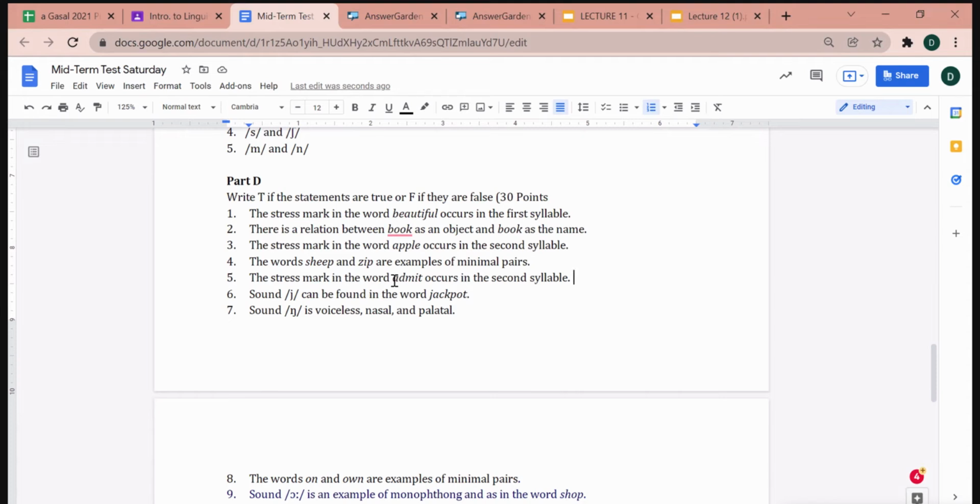It's the first one. Since most verbs, the stress marks in verbs occurs in the second syllable. So when you say admit, it means that it doesn't occur in the second syllable while it occurs in the first syllable.